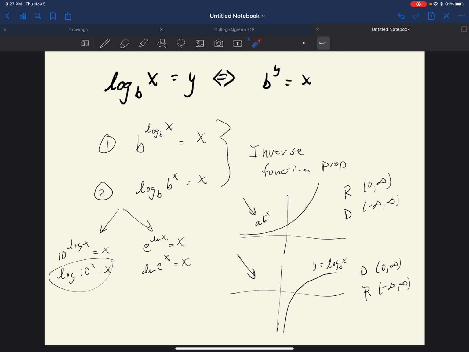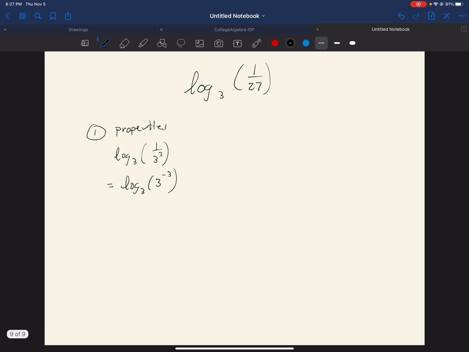If x is negative 3, the answer is negative 3. So over here, it's almost as if the log base 3 and the 3 base wipe each other out, and all that remains is negative 3. So the answer is negative 3. That's one way of doing it.